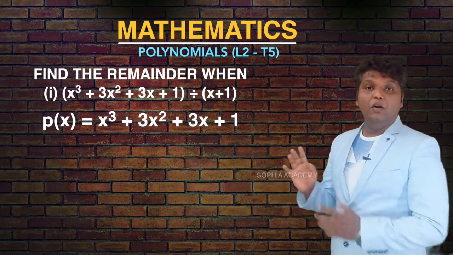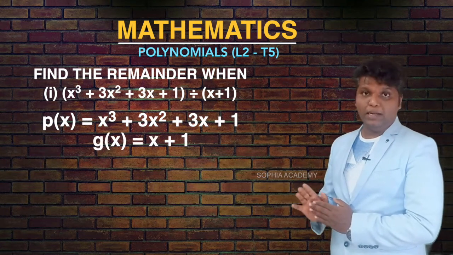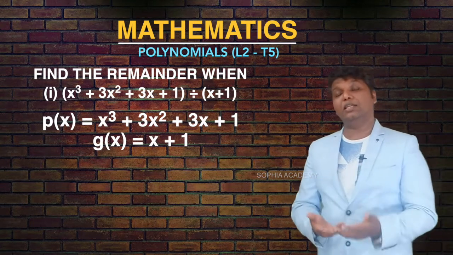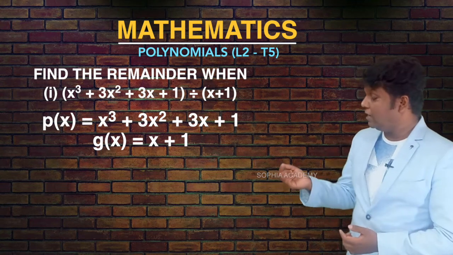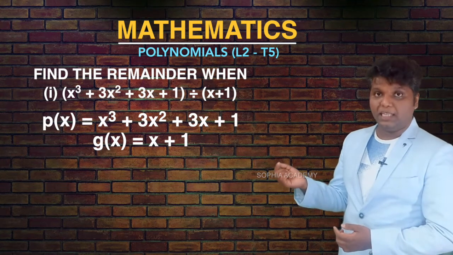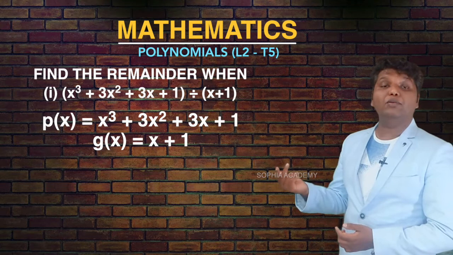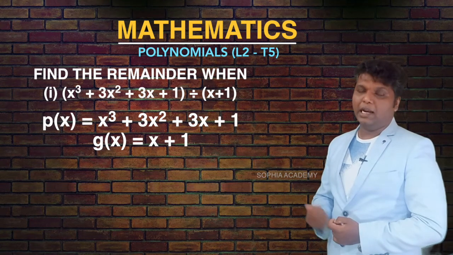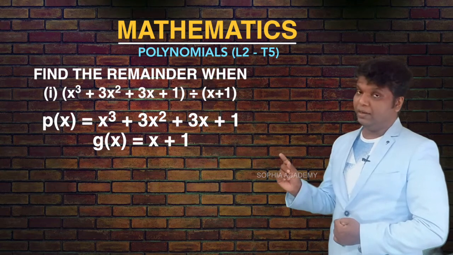So here, what is the g of x given? P of x I already told you. Now the g of x is x plus 1. I will tell you the trick to understand this. Whatever g of x is given, here it is x plus 1, you have to find the 0 of x plus 1. In the previous class, we studied how to find the 0 of a polynomial.